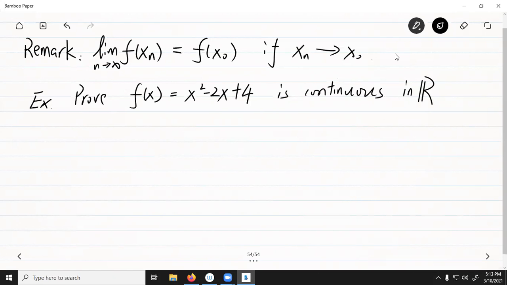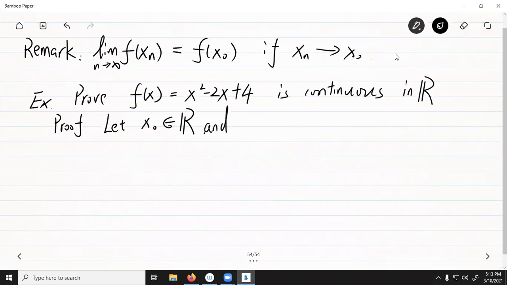We use the definition. Since it's continuous in R, that means every point, every value in R, right? So we just pick an arbitrary point. Proof: let x naught be any point belonging to R, so any point, okay?